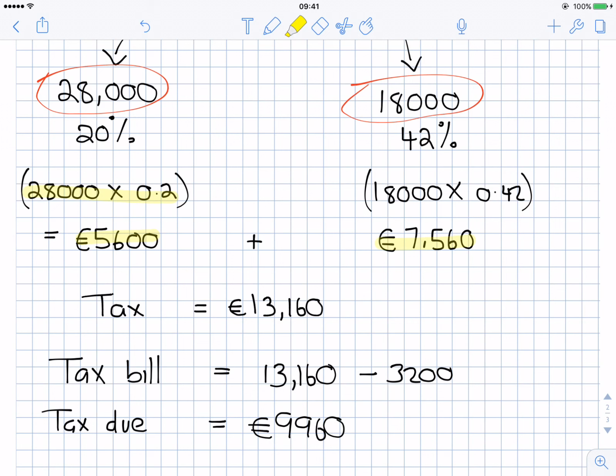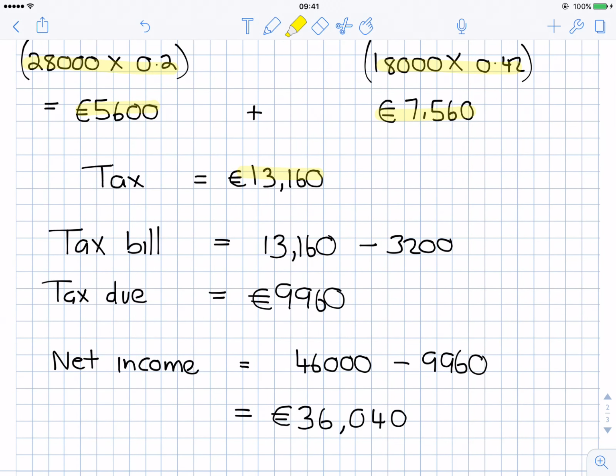So 28,000 by 0.2 on your calculator tells you that she owes 5,600. 18,000 by 42% or 0.42 tells you that she owes €7,560, giving you a total tax bill of 13,160. But she's already got tax credits of 3,200, which means she's due to pay €9,960 in tax out of the 46,000 that she earned, leaving her with a net pay or net income of €36,040.